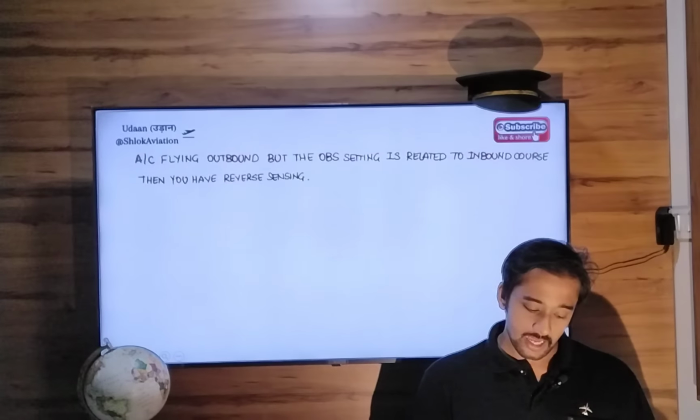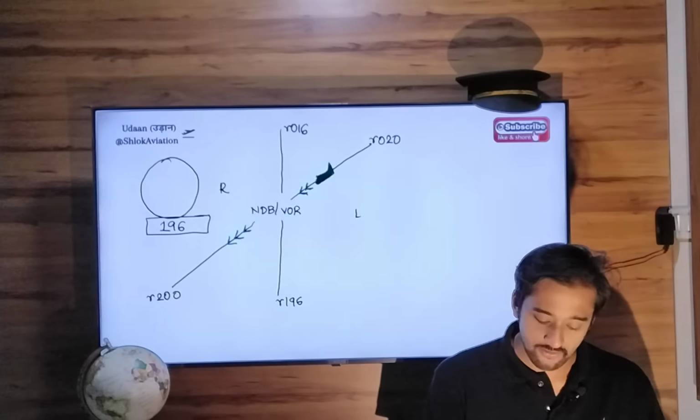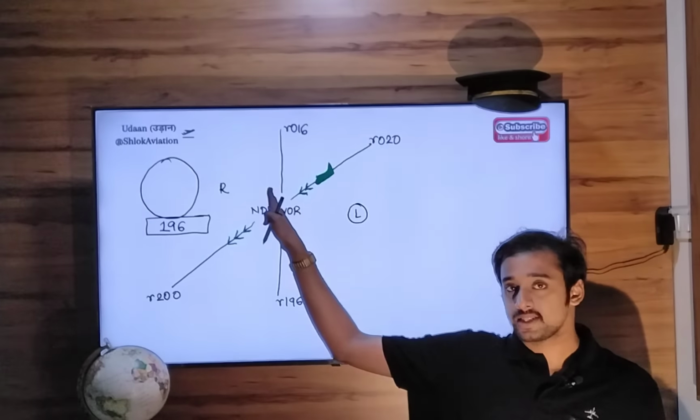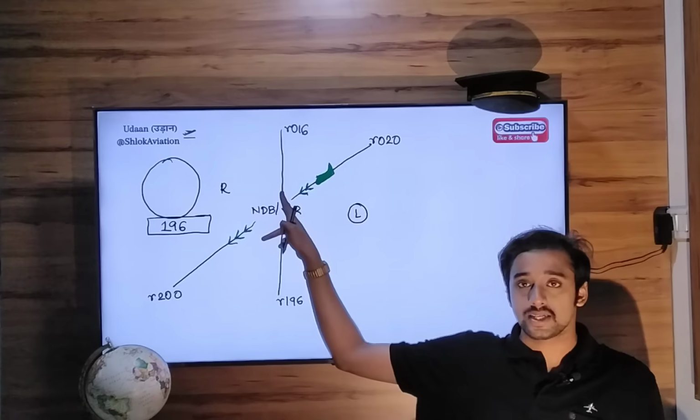So when coming inbound, this becomes your right hand side, this becomes your left hand side. That means the CDI needle is telling you to fly right hand side. The right when coming inbound is radial 016.